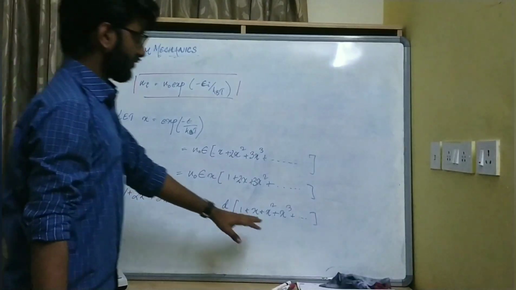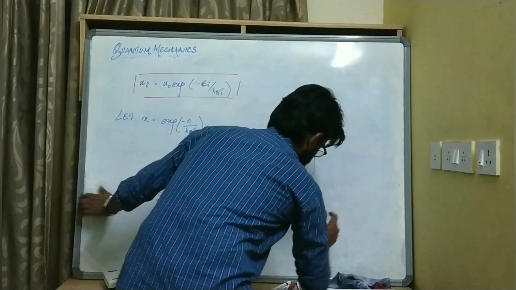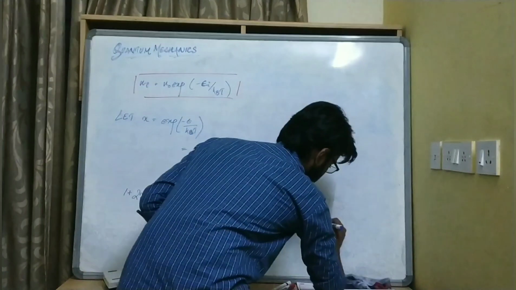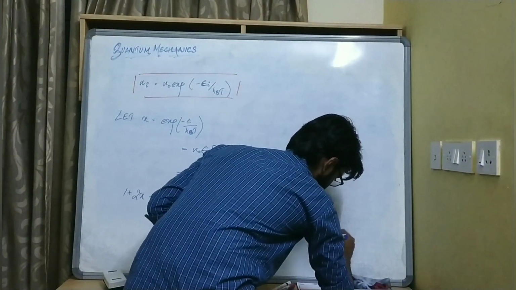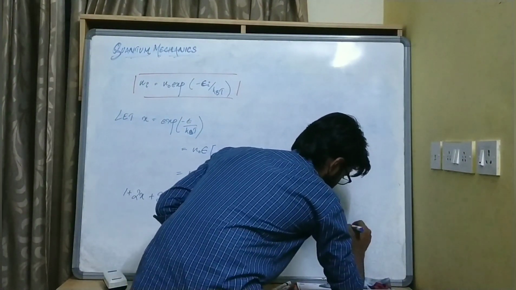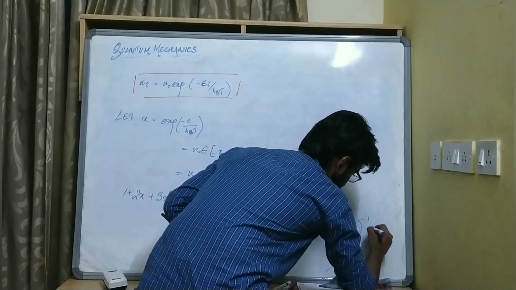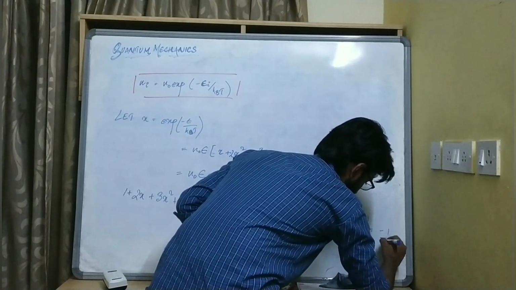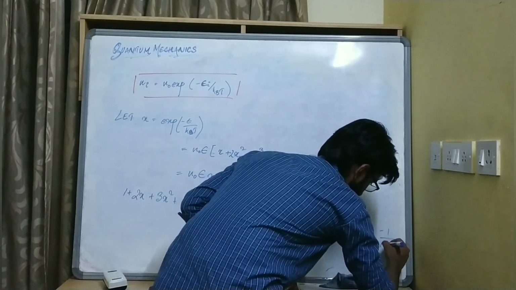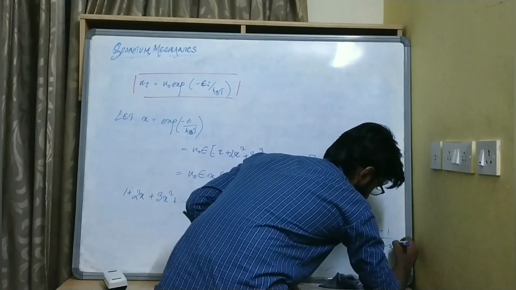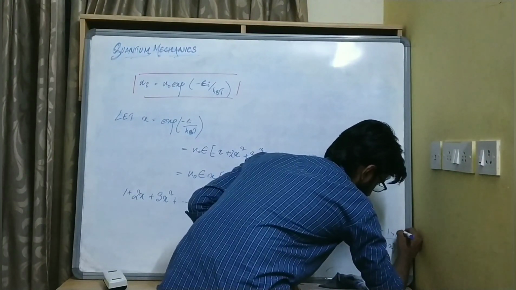we have written that the expression in the brackets is equal to d by dx of minus 1 by 1 minus x square times minus 1.